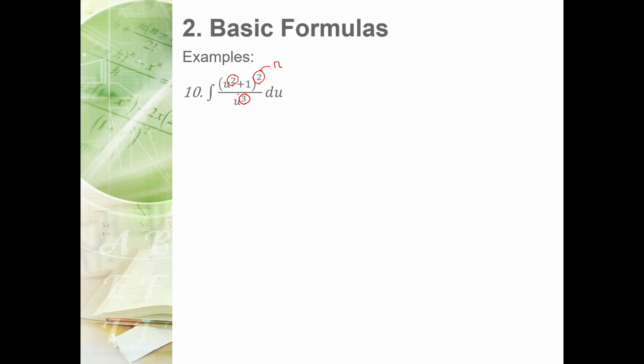Now, usually don't overthink the problem, so you can just expand the term, right? Since it is squared, you have u squared plus 1, then u squared plus 1, all over u cubed du.